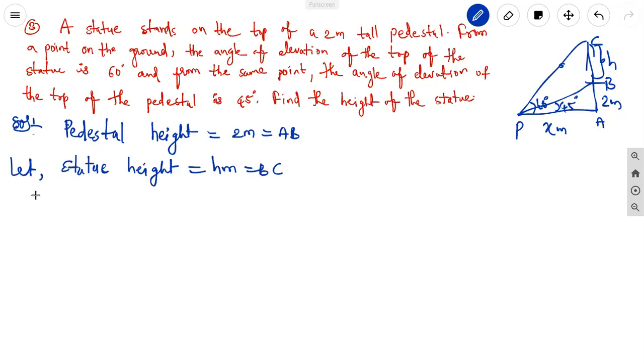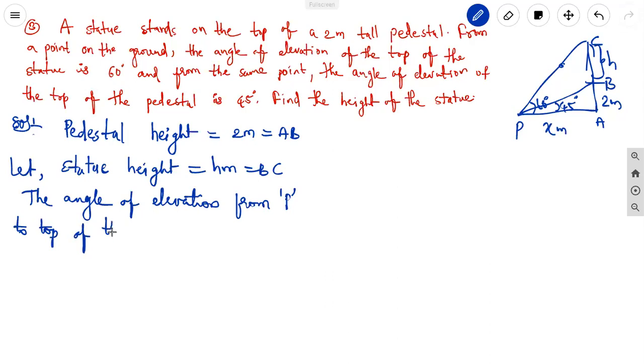Next, the angle of elevation from P point to top of the statue is equal to 60 degrees. That is nothing but angle APC.